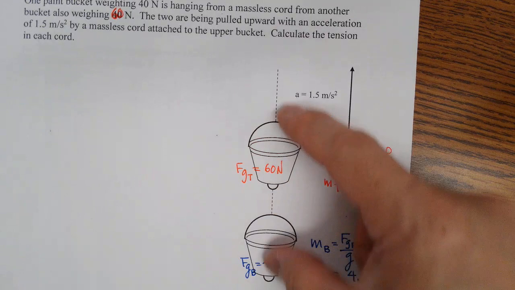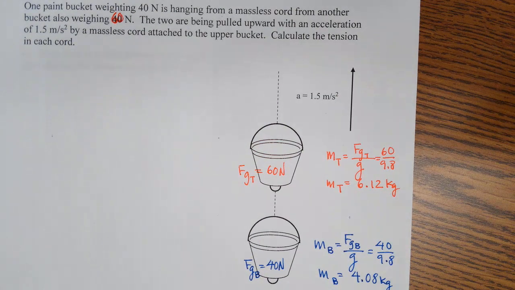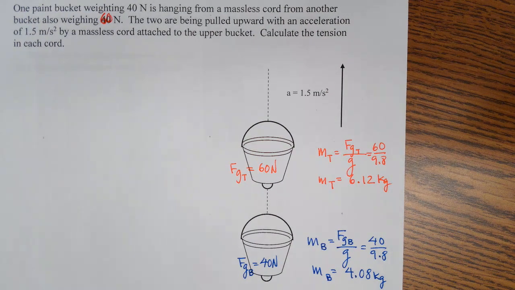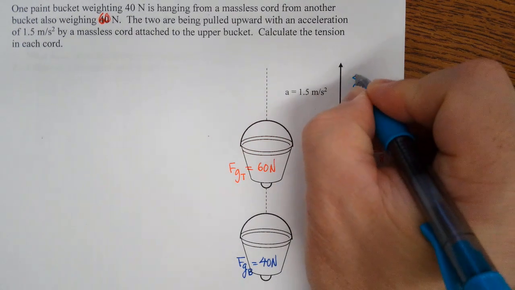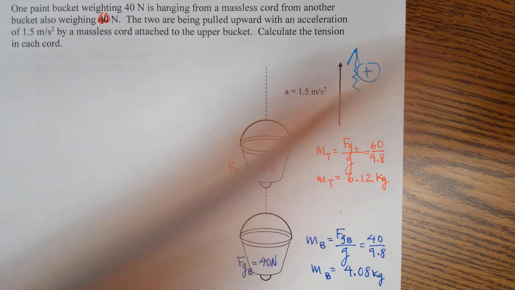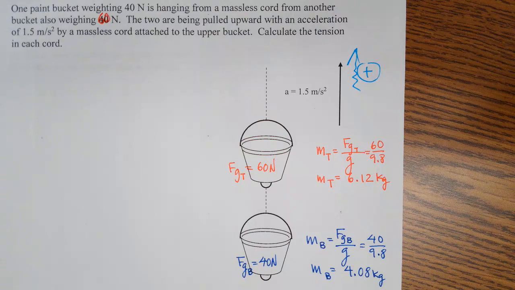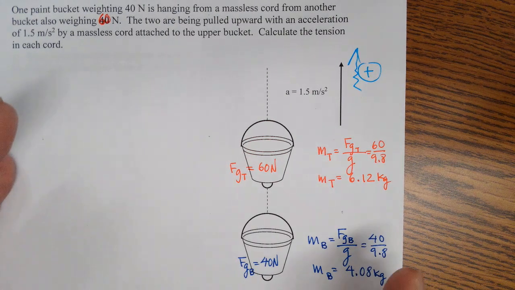The whole system is accelerating at 1.5 meters per second squared. And since it's accelerating upwards, I'm going to consider the direction up to be positive, and down is going to be negative. So to do this, there are so many correct ways to solve this.